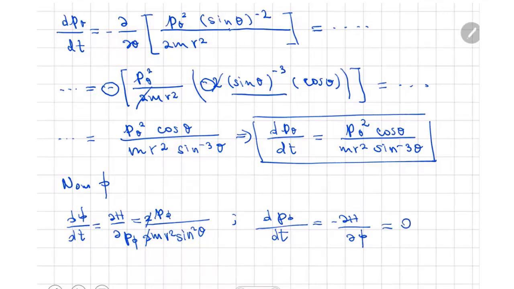Okay, guys, and what does this mean? This means that p phi is a constant of motion. Okay, guys, this is the problem.